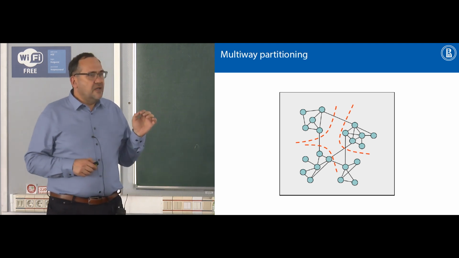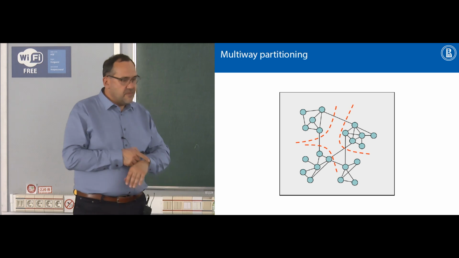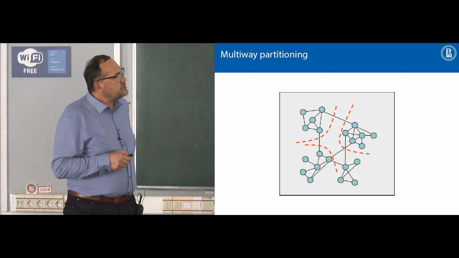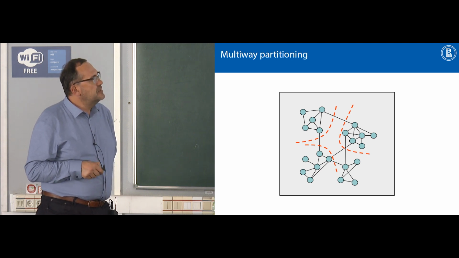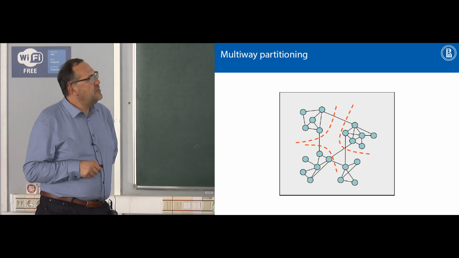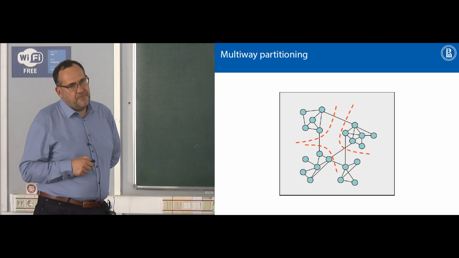Now, one last comment before we go into actual algorithms is the following. When you look at those communities, or whatever we call them, there are a couple of ways of detecting them. And it's also kind of like with clustering.